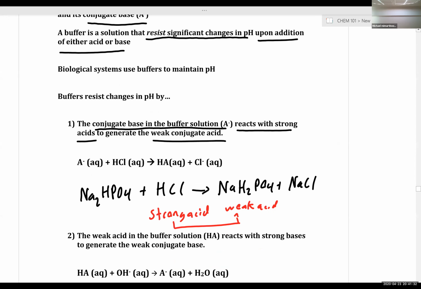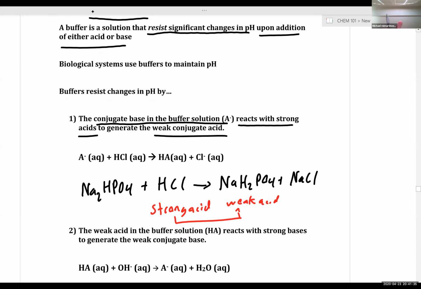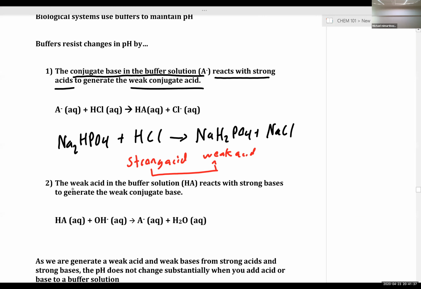Likewise, the weak acid in the buffer solution reacts with strong bases to generate a weak conjugate base. So for example, if you have a sodium hydrogen sulfate buffer system and you add some hydroxide, let's pretend we're adding some sodium hydroxide.